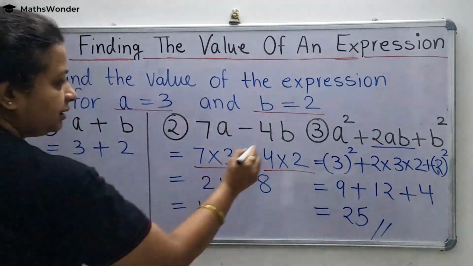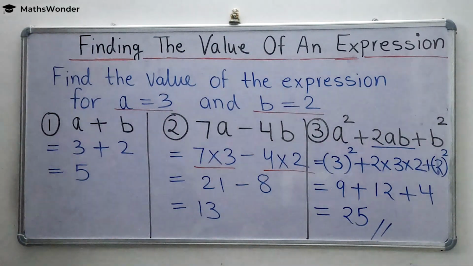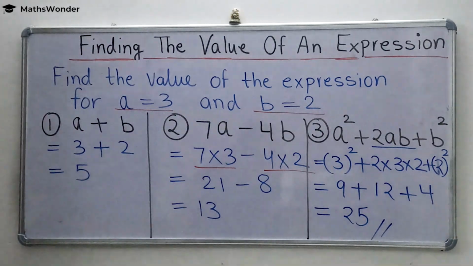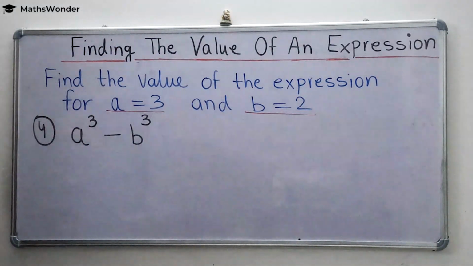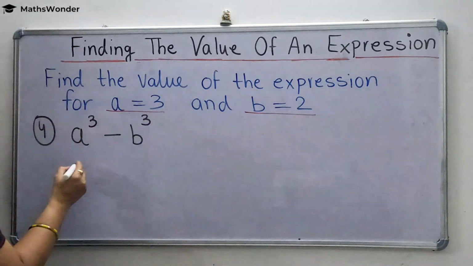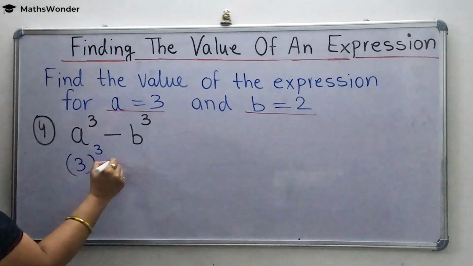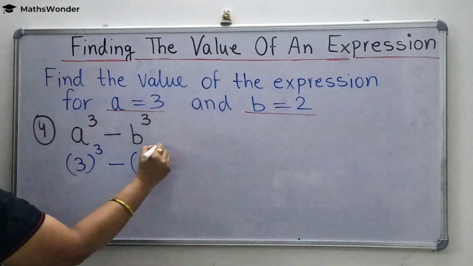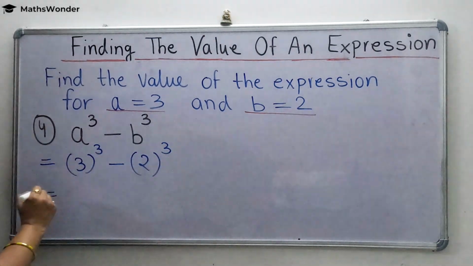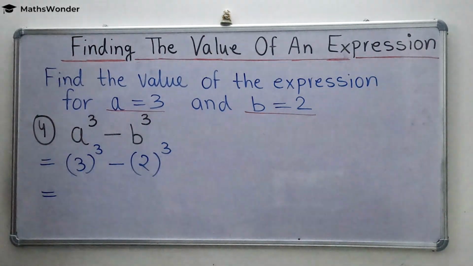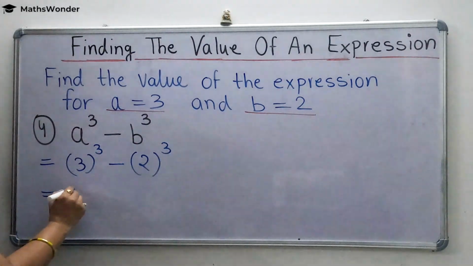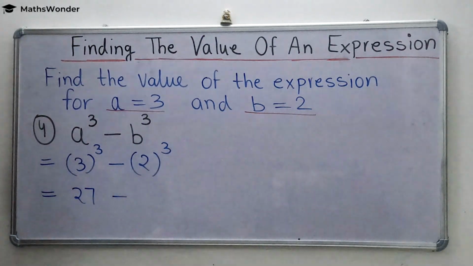These are the 3 different examples with the same values, A is 3 and B is 2, given. Now the next example is A cube minus B cube. So A value is 3, so you will write 3 cube, and 2 cube. 3 times 3 times 3 will be 27, and 2 times 2 times 2 will be 8.